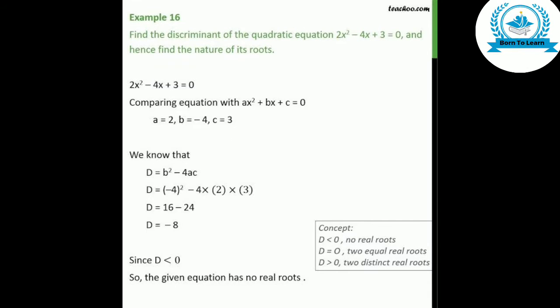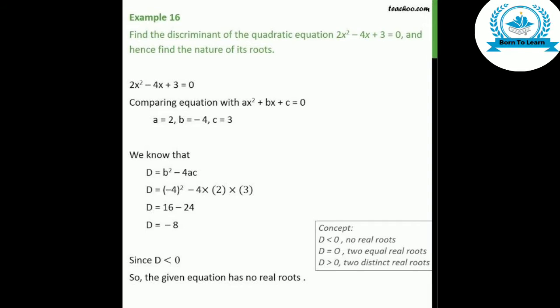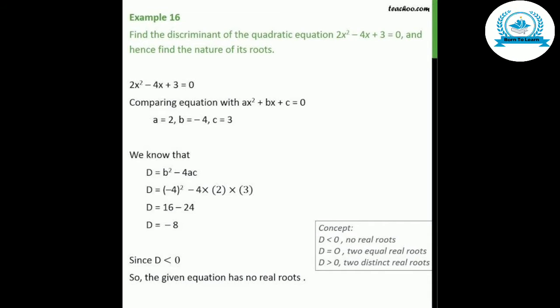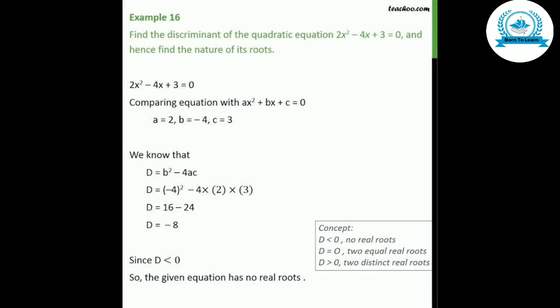Third one. Find the discriminant of the quadratic equation 2x square minus 4x plus 3 equal to 0, and hence find the nature of its roots. 2x square minus 4x plus 3 equal to 0. We compare this equation with ax square plus bx plus c equal to 0. Now we get the values a equal to 2, b equal to minus 4, c equal to 3. We know that discriminant equal to b square minus 4ac.